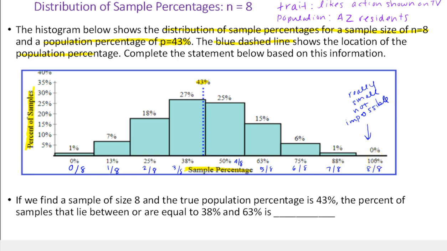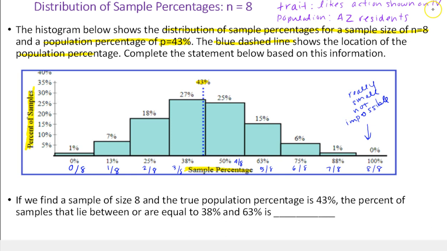So looking here, again, this is the percent of samples. That means 1% of all possible samples will give you 0% of the people saying they like action shows on TV. Here we can say 27% of the possible samples will give you 3 out of 8, which happens to round to 38% of people who like action shows on TV.